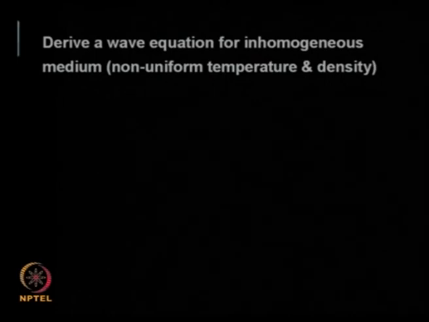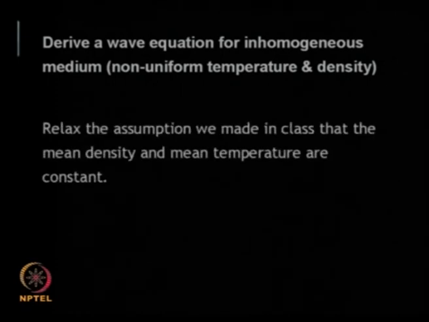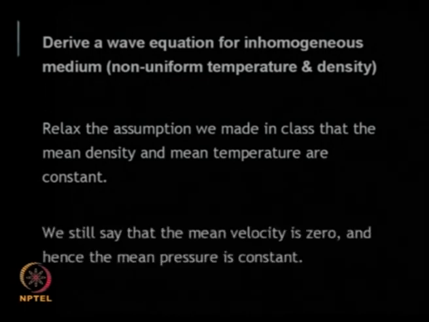Let us still keep the assumption that there is no base flow, that is, it's a quiescent medium, and relaxing the assumption that temperature and density are constant, we can actually derive a wave equation. We still say that the mean velocity is 0, and hence the mean pressure is constant.